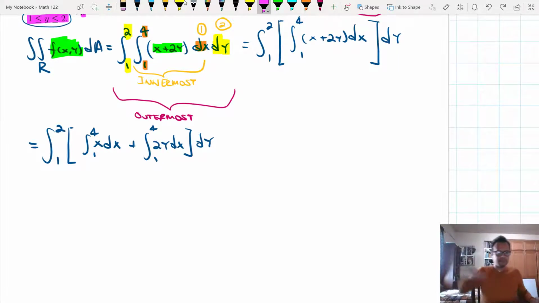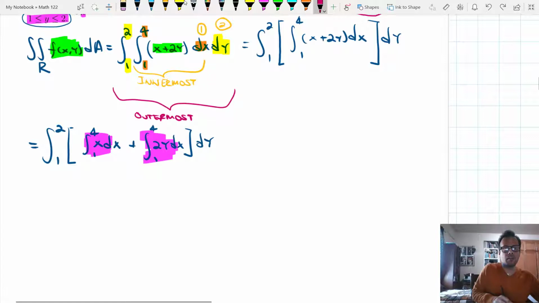Okay, got it. So we're going to evaluate now the integrals that I'm highlighting in purple individually. Notice that the first integral, the one I'm calling number 1, has an x in the integrand, and we are integrating with respect to x.